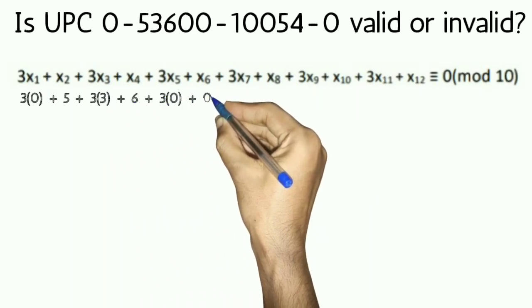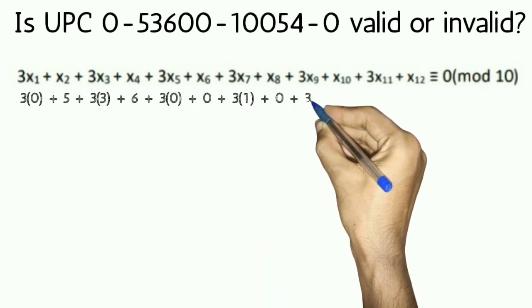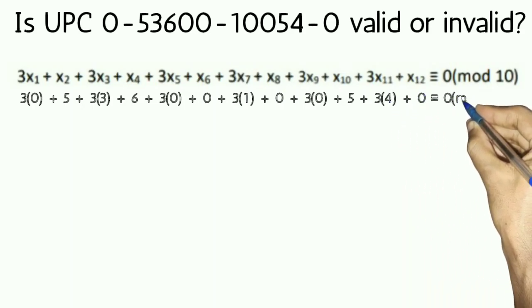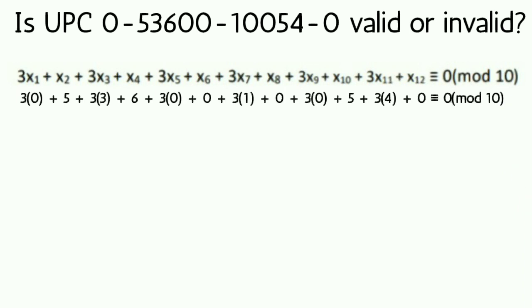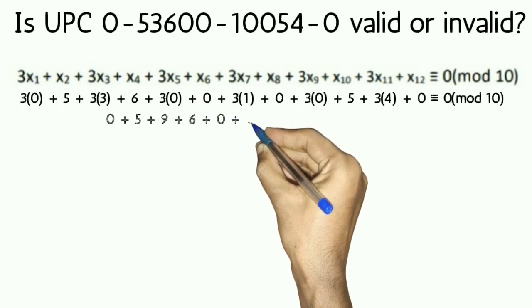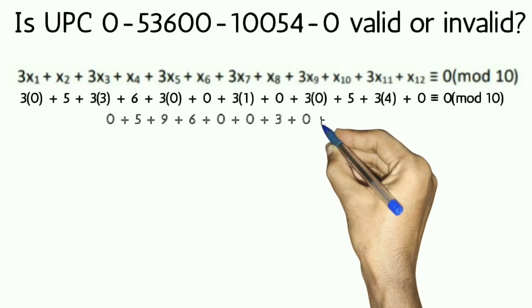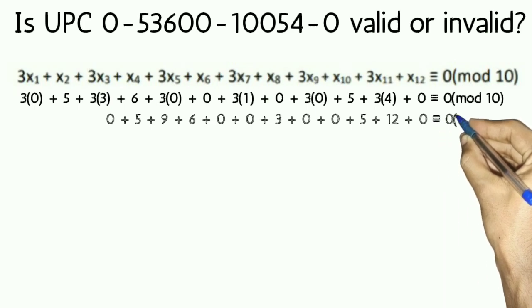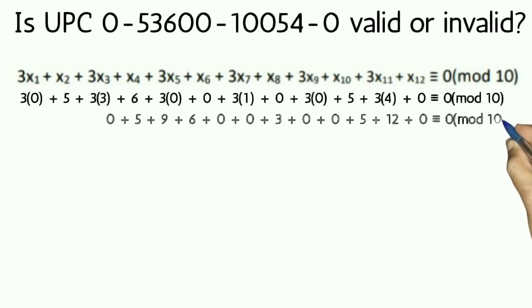3 times 0 plus 5 plus 3 times 3 plus 6 plus 3 times 0 plus 0 plus 3 times 1 plus 0 plus 3 times 0 plus 5 plus 3 times 4 plus 0. 3 times 0 is 0 plus 5 plus 3 times 3 is equal to 9 plus 6 plus 3 times 0 is 0 plus 0 plus 3 times 1 is 3 plus 0 plus 3 times 0 is 0 plus 5 plus 3 times 4 is 12 plus 0.